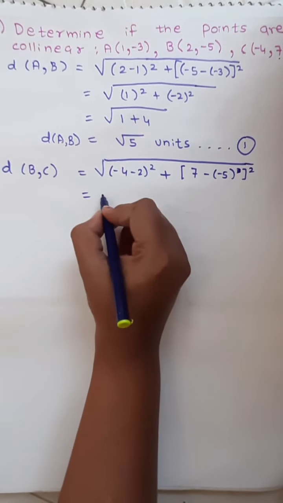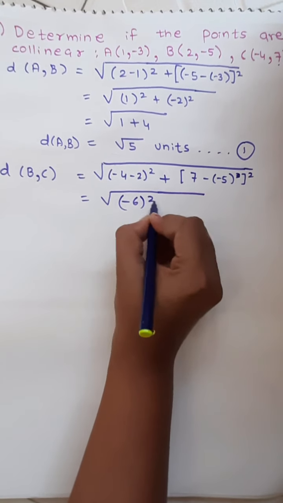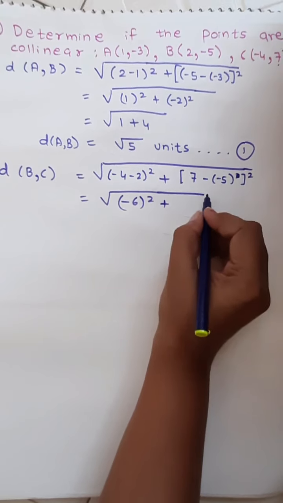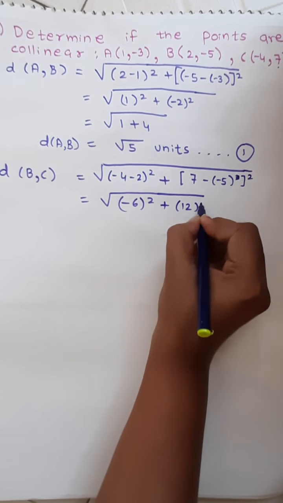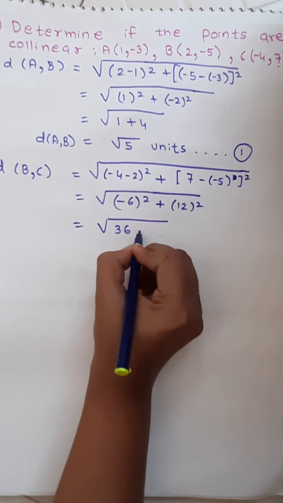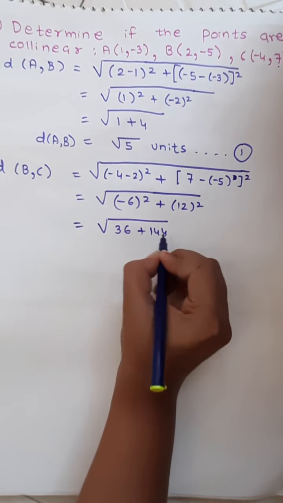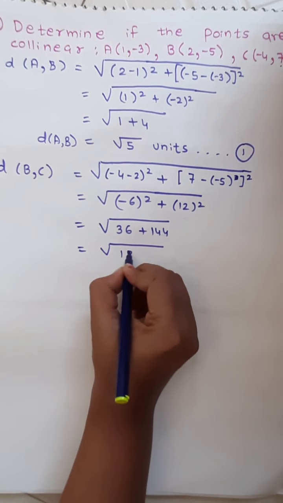So it is going to be minus 6 whole square plus 7 minus of minus 5, so 7 plus 5, so it's going to be 12 whole square. Next it's going to be 36 plus 144. Okay, so 36 plus 144 is equal to 180.